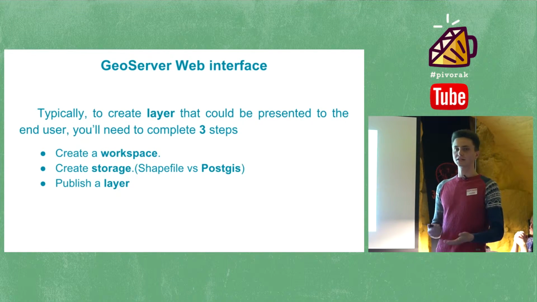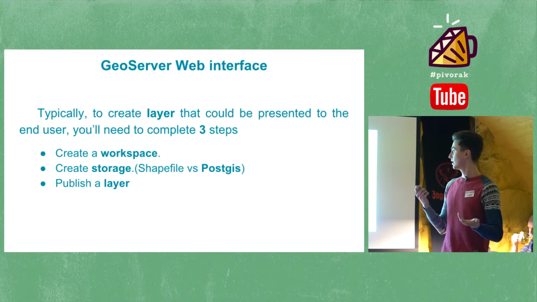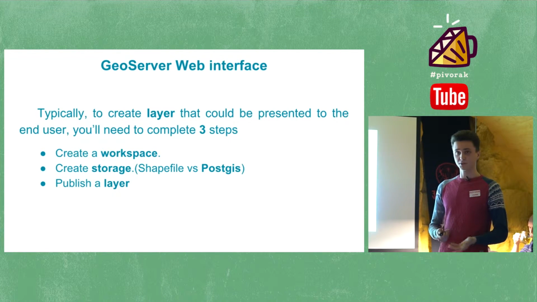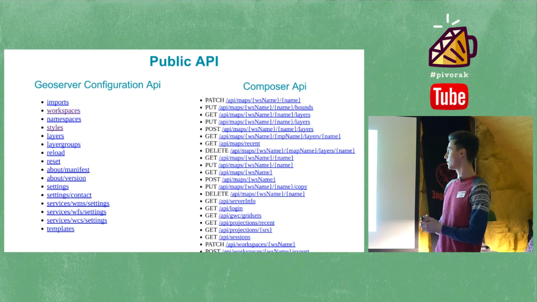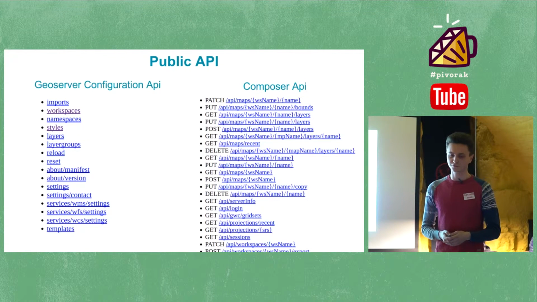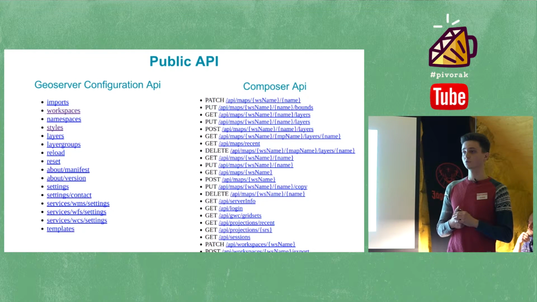But what if I need 50 or 100? So I started wondering, I guess there might be a public interface, maybe an HTTP based one. And I found one, the Geoserver Configuration API, or REST API. It has nice documentation.